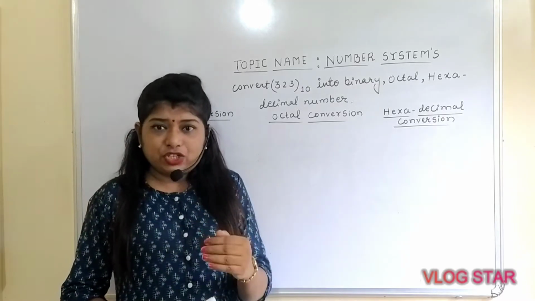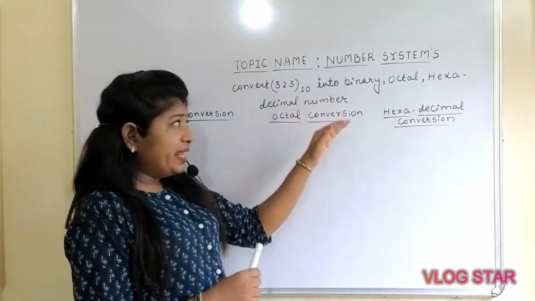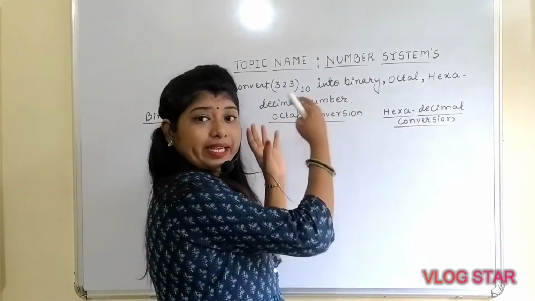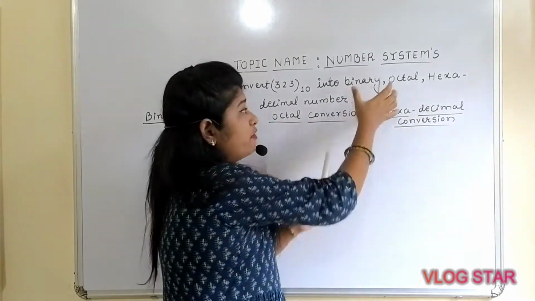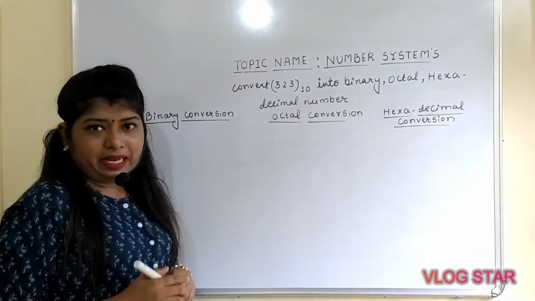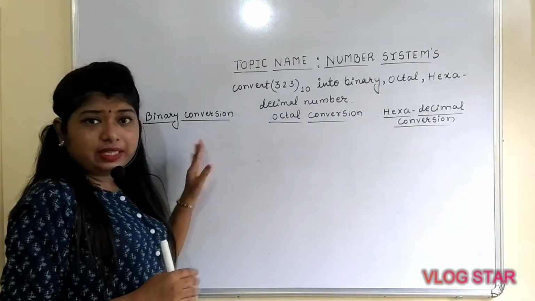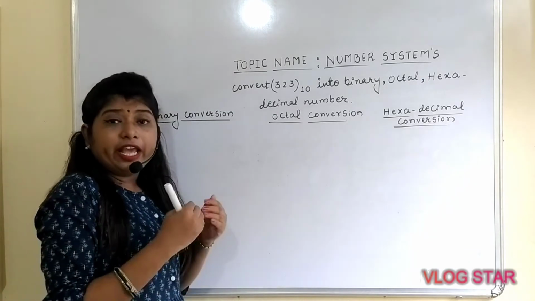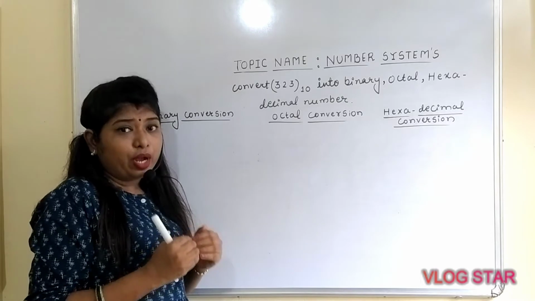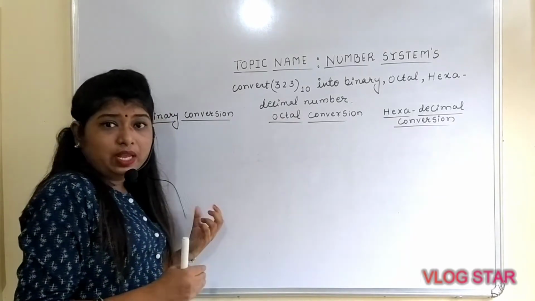So in today's lecture I am going to cover how to convert decimal number into first binary, then octal and then hexadecimal number. So first we'll proceed with the binary conversion that already we had studied. If you have to convert it into the binary number, what you have to do? You have to divide the given number by 2.